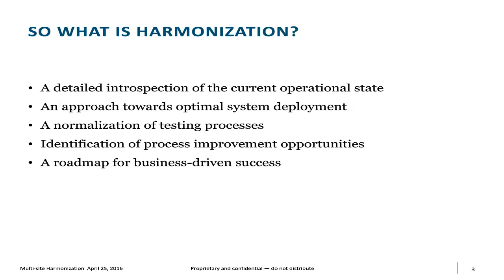So overall, this is a roadmap for business-driven success, and that's not just a fancy term or something that looks good in a PowerPoint slide. If you think about the complexity of modern-day LIMS systems, the fact that these systems have a great deal of functionality, as they have to, because LIMS systems have to be applicable across a broad cross-section of industries.